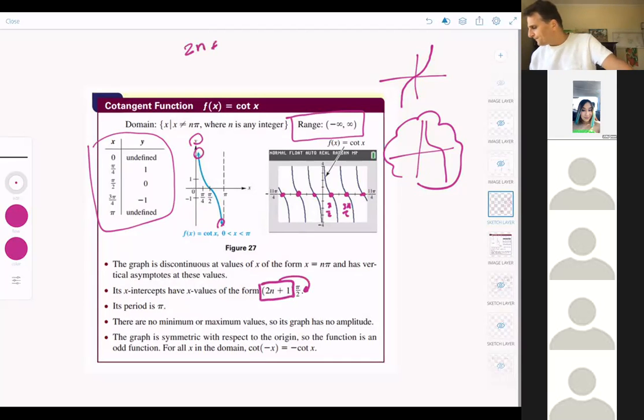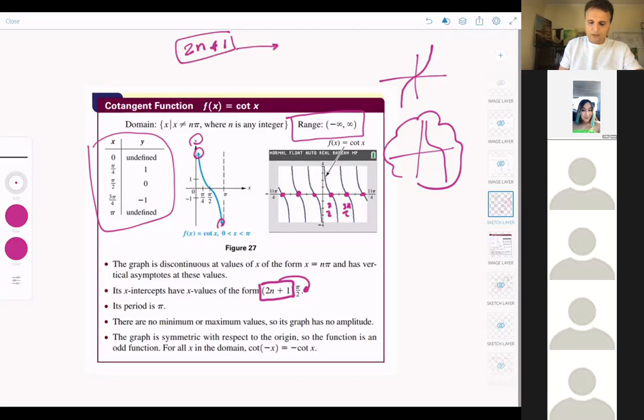Just something for your note sheet: 2n plus 1, the output is always odd. For any n you plug in there, the output will be odd. If you say 2n, you'll get an even number. Because all the x-intercepts are odd, we put 2n plus 1 multiplied by pi half.